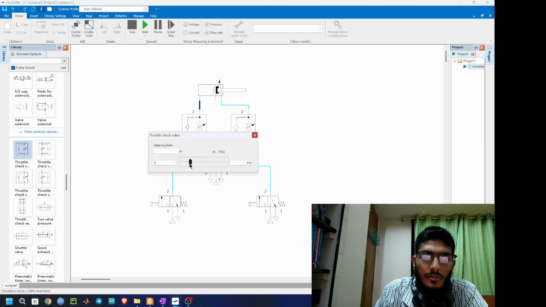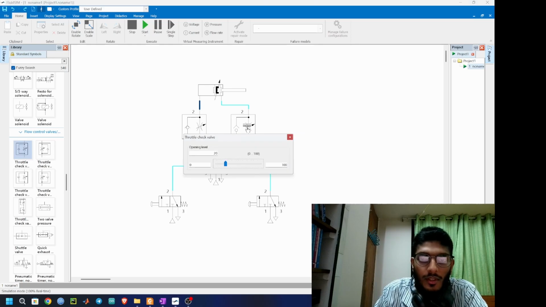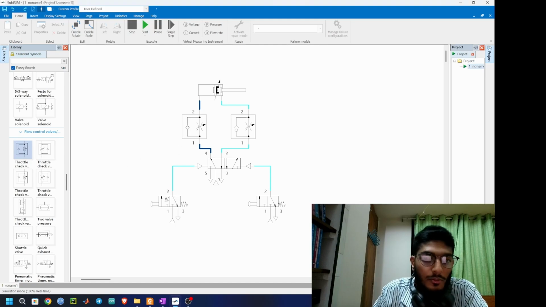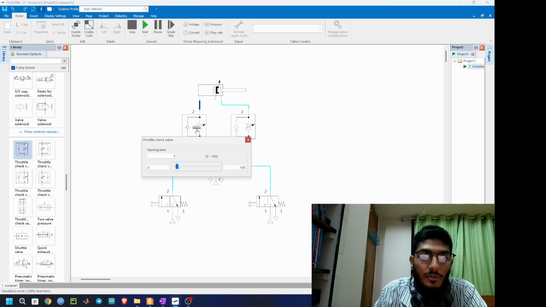So let's make the opening level more restricted, like 5, and here also 5. Okay. Now see what will happen. Fluid can't go through because the restriction is much more.